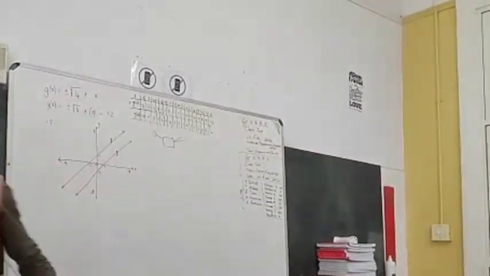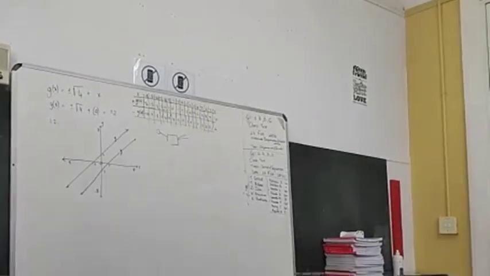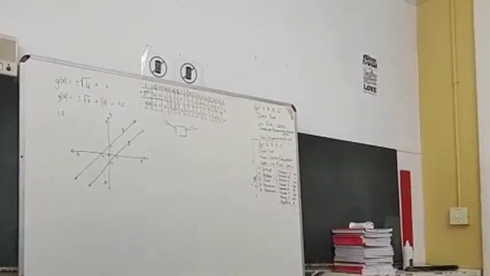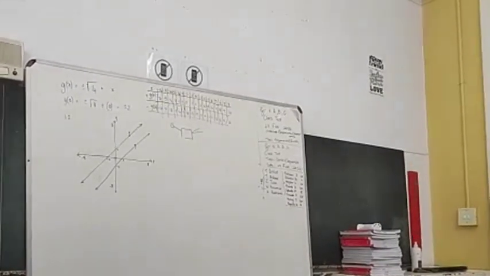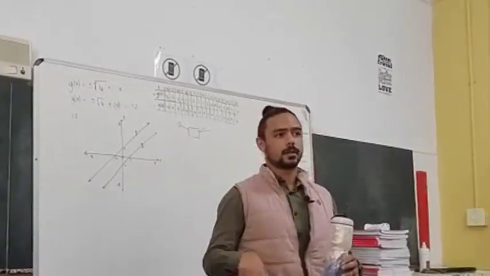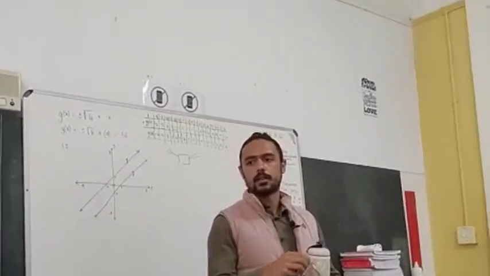What are the input values normally? What are we given there? We're given x, all right? What is the first x value? 2. What is the corresponding output value? 4, all right?